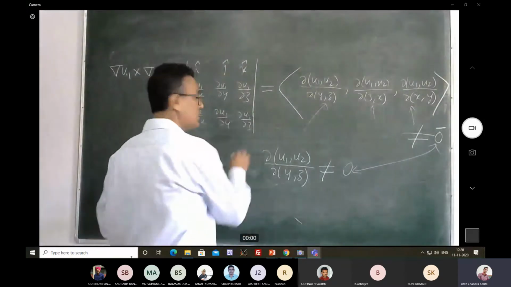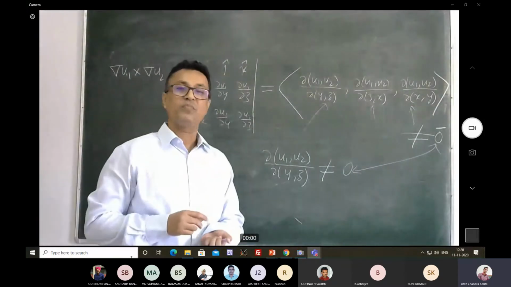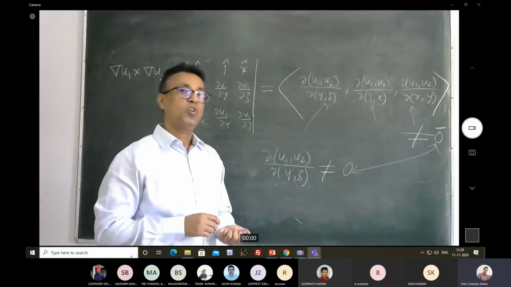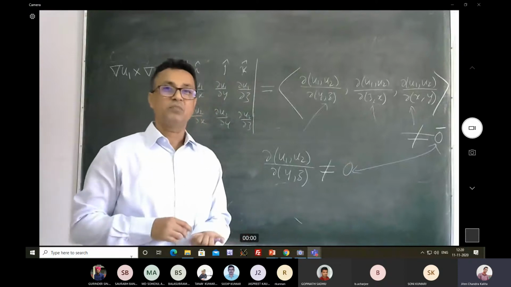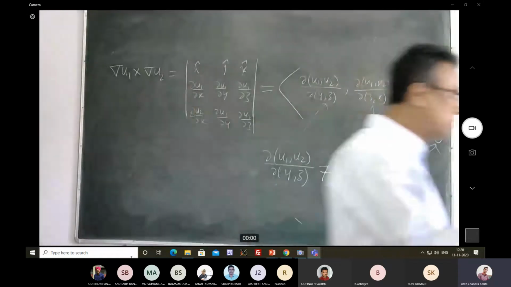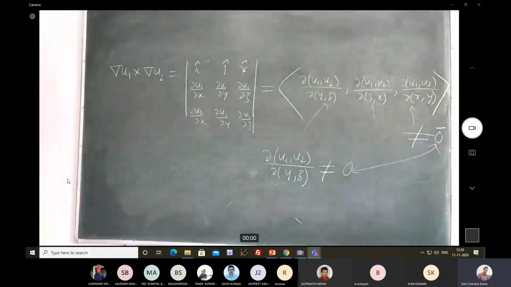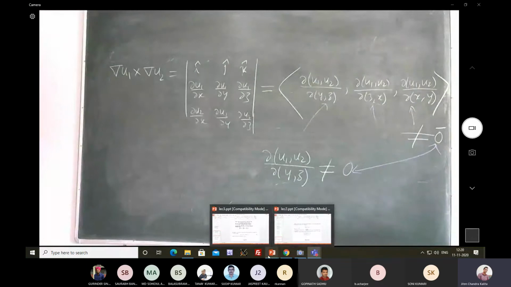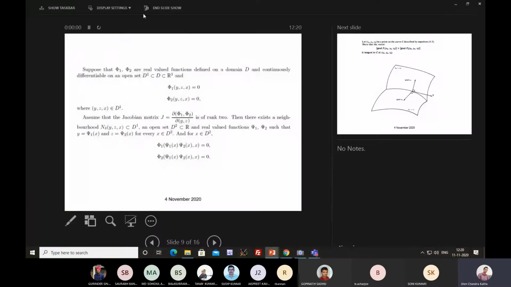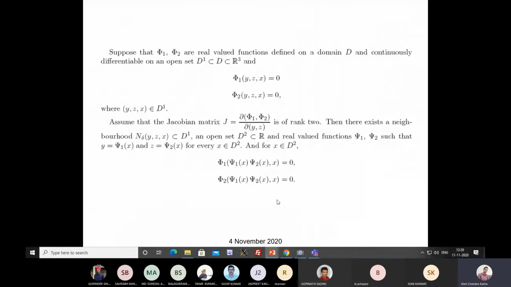You know the implicit function theorem, right? So if you use the implicit function theorem for three variables, as a consequence of that we can get a theorem. Just have a look at this.